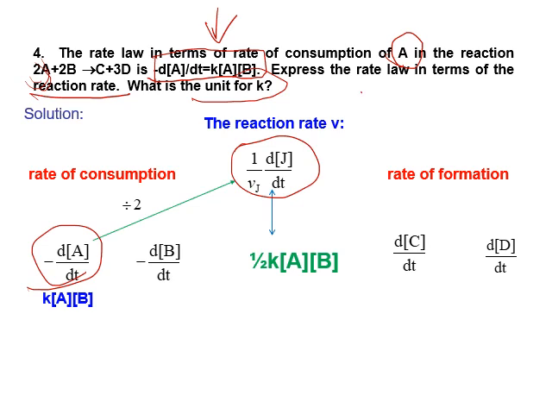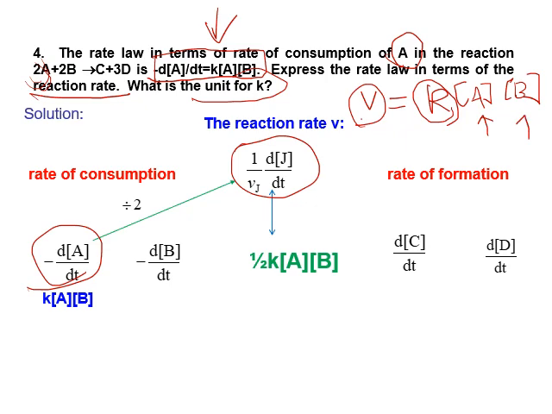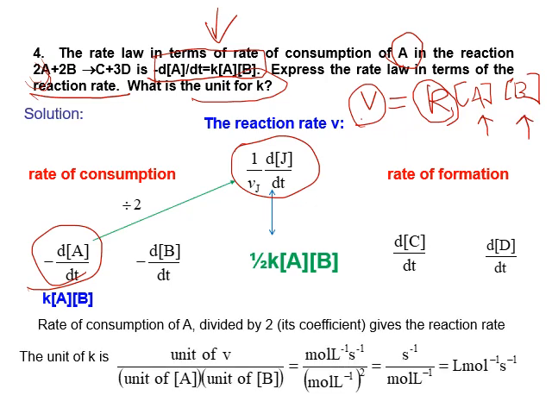So you can write the reaction rate v as k, A, and B. And therefore the unit of k should be the unit of v divided by the unit of A divided by the unit of B. So the unit of k is the unit of v divided by the unit of A divided by the unit of B.